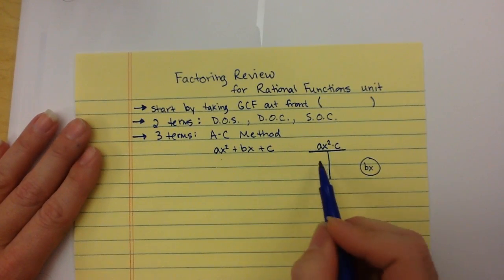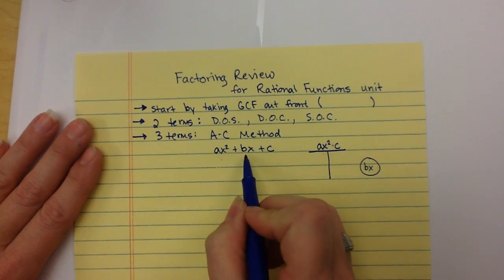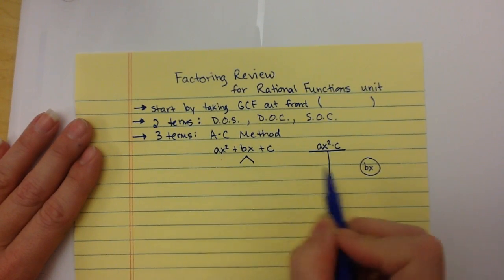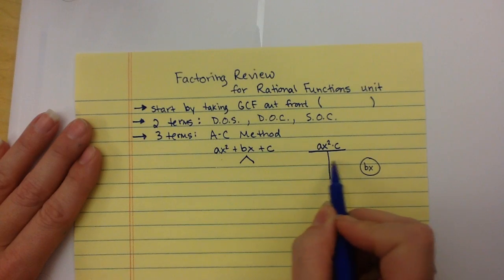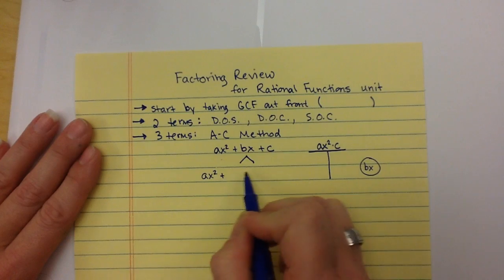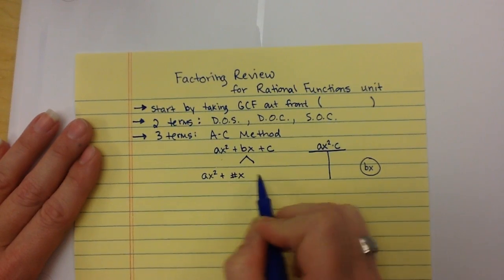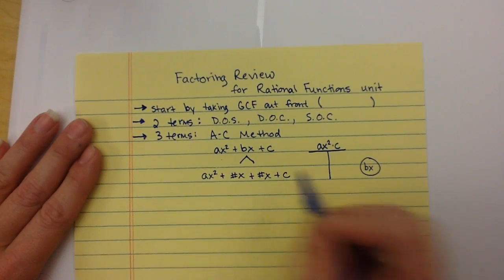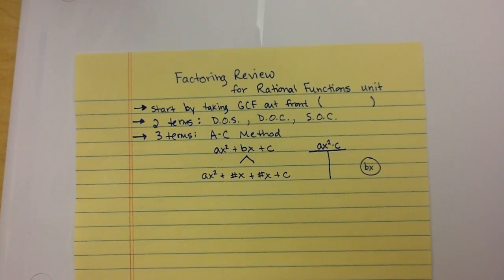And then once we find that pair, we split the middle term bx into those 2 numbers. So we end up with ax squared plus some number times x plus some other number times x plus c. And then we're going to factor that by grouping.